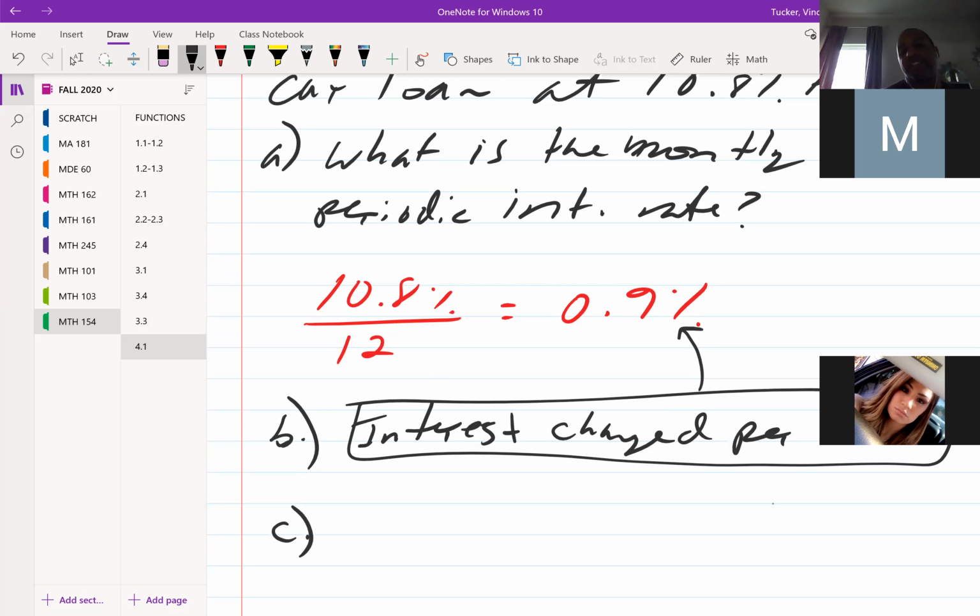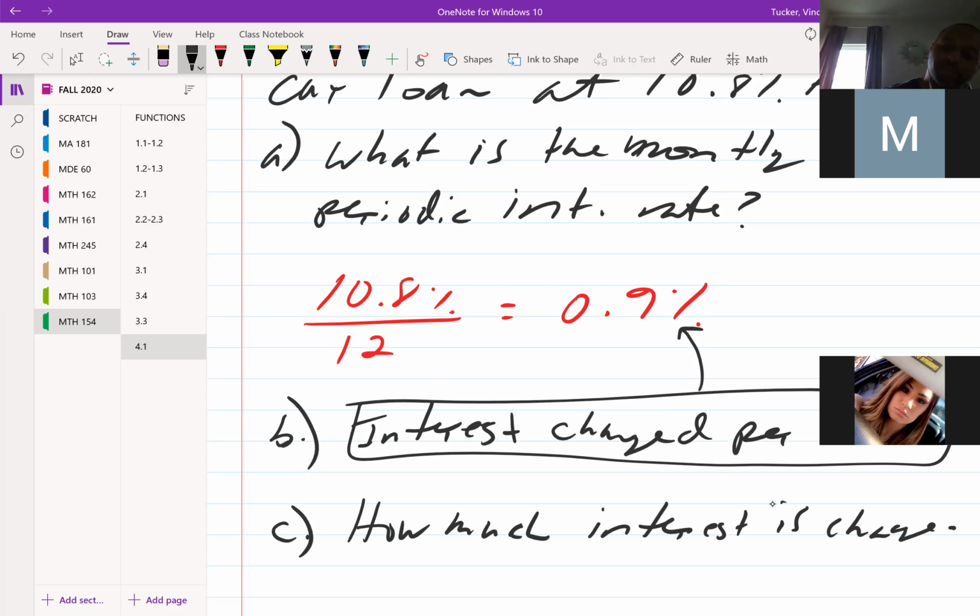So right here, B asked you basically to interpret what the 0.9% was. So that's just the interest charge per month. That's all it's asking for in B. Let's see what C is. I gotta write that better.